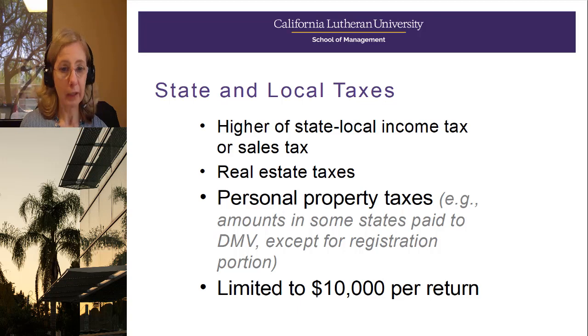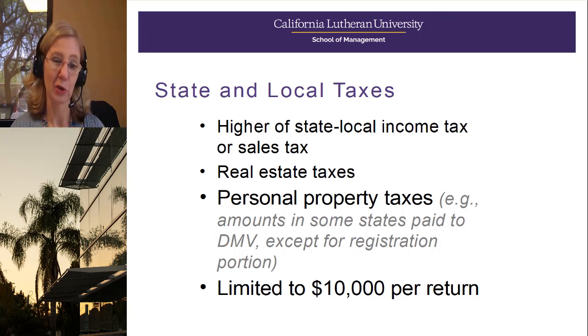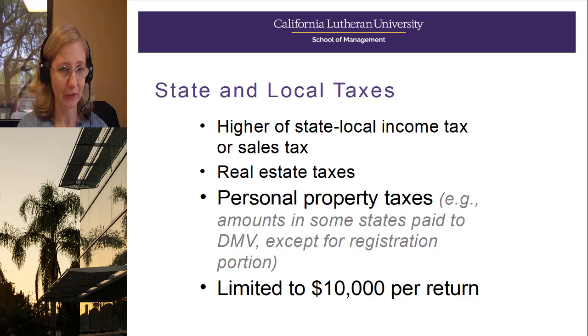And relatively recently, there is a new limit. We have a section on Schedule A, basically called the tax section. It's made up of these three types of taxes, and the total of these three taxes together can only total $10,000 or less. So in other words, you could actually pay more than $10,000 in income taxes, but your deduction is limited to $10,000.